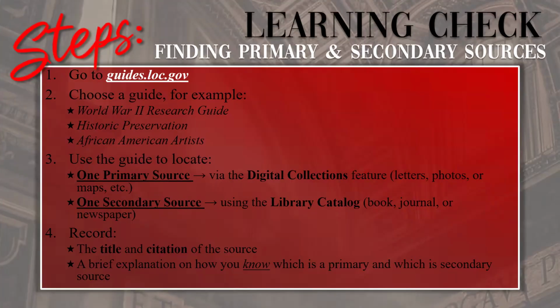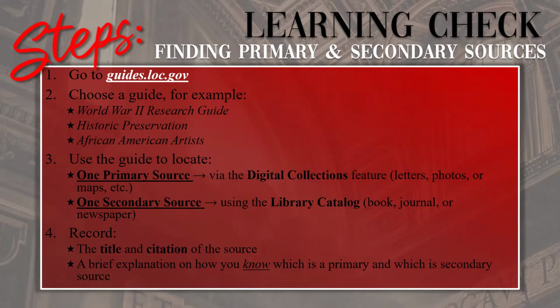And here are some steps. You can go to guides.loc.gov, choose a guide. Here are some examples, and use a research guide to locate one primary source via the digital collections, and one secondary source using the library catalog. You could also use the library catalog to locate both.